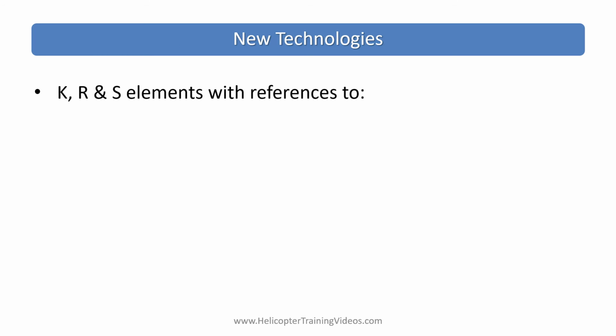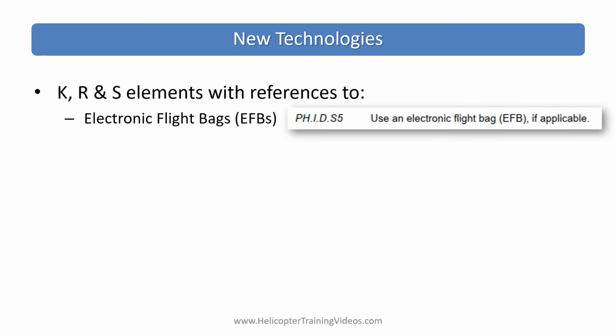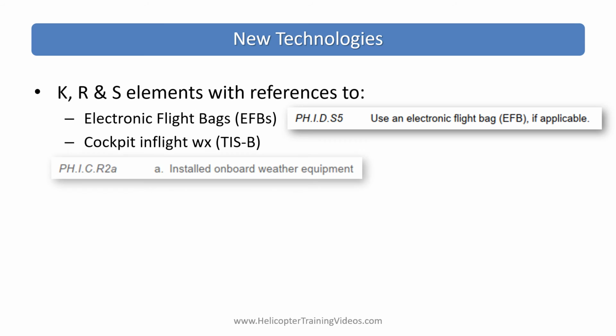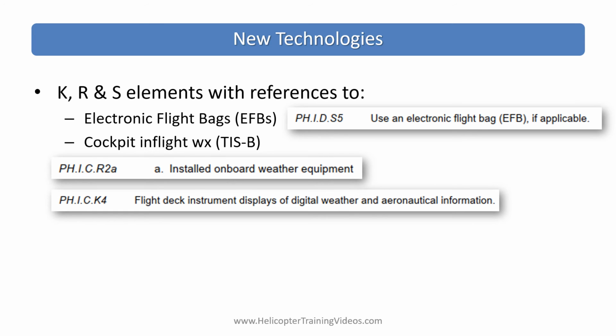Let's talk about the new technologies that are being put into the check rides now. So the knowledge, the risk, and the skill elements have a lot of references to EFBs, electronic flight bags, like ForeFlight type of thing. There's also reference to things like cockpit in-flight weather, TIS-B, for example.